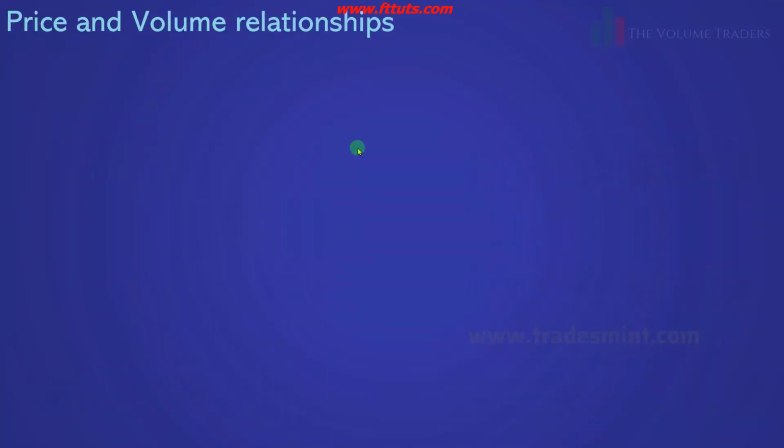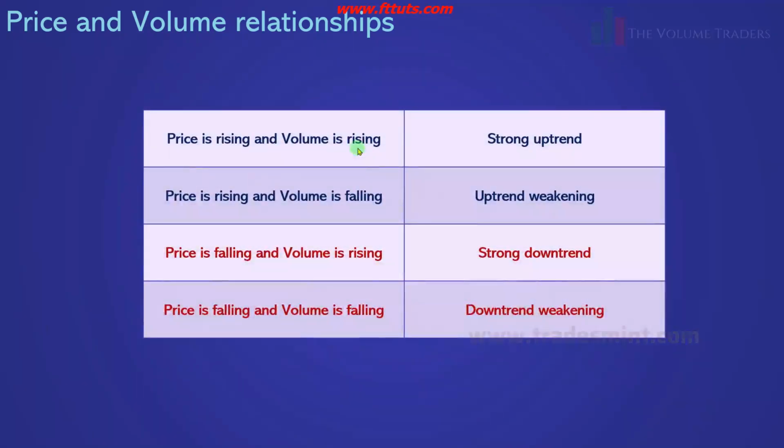And the last thing about the market, which in my opinion is good to know, is the price and volume relationships. It is the table which gives me the truth. I'm focused on the second and the last one.